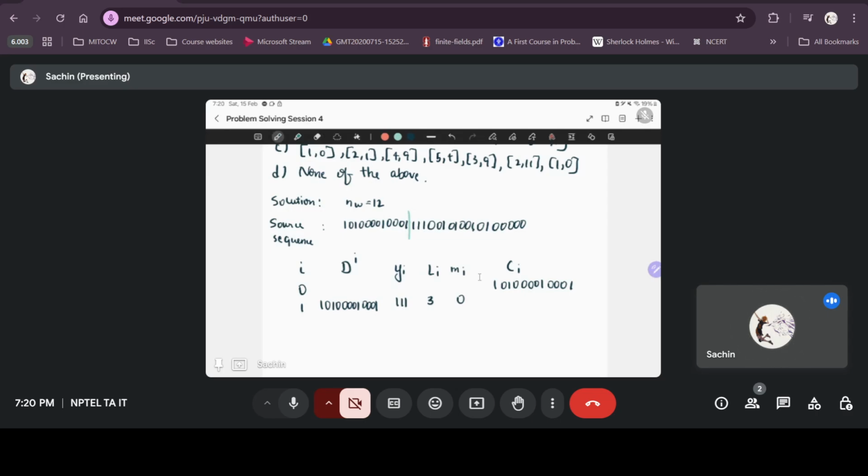Now the code word is 3, 0. For the second code word, you have to update your dictionary by removing L1 bits from the beginning of the dictionary. So you're removing the first 3 bits, 101.